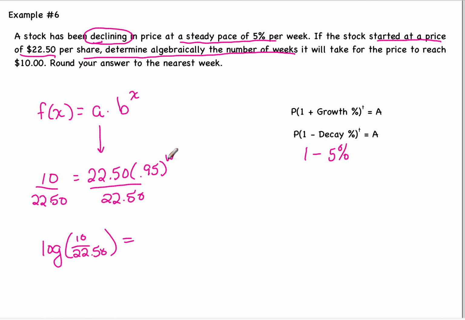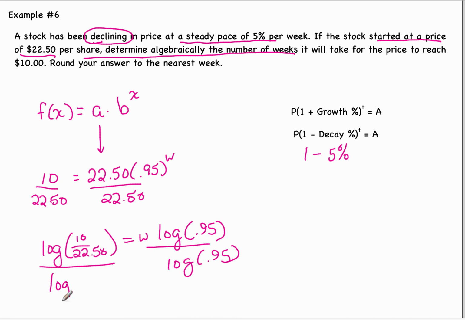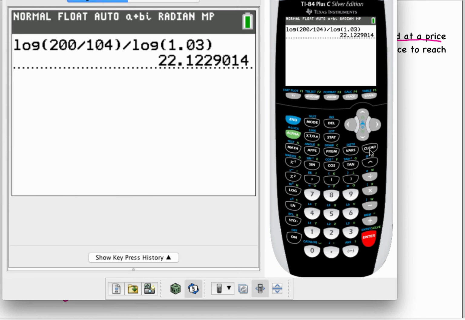And then, since it's an unknown exponent, we introduce the logs. To get that W alone, we have one more step of dividing by that log. Boom, and it's all calculator work from there. So it's a pretty easy chapter.